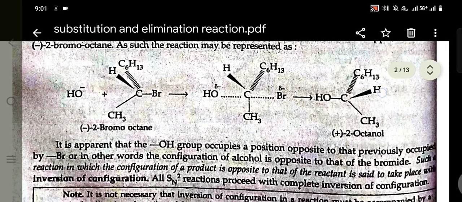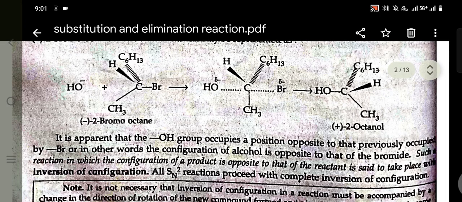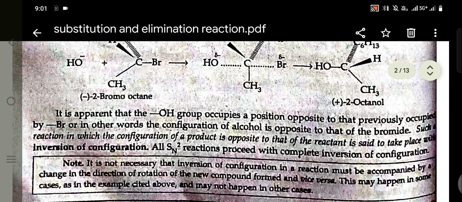It is apparent that the OH group occupies a position opposite to that previously occupied by Br, or in other words, the configuration of alcohol is opposite to that of the bromide. Such a reaction in which the configuration of a product is opposite to that of the reactant is said to take place with inversion of configuration. All SN2 reactions proceed with complete inversion of configuration.